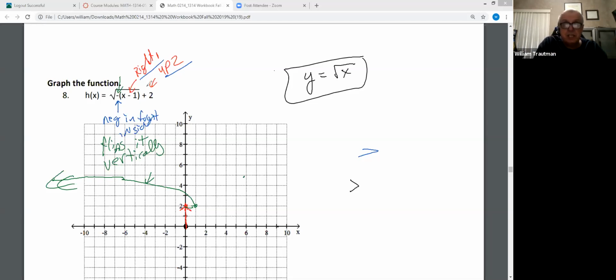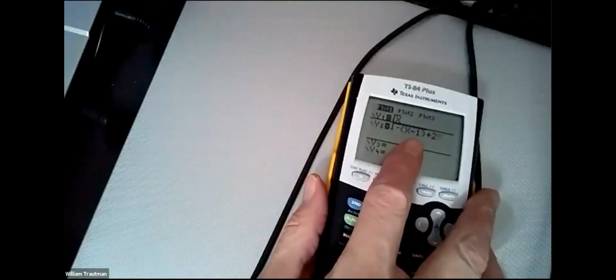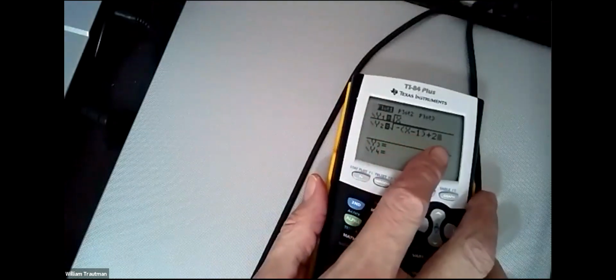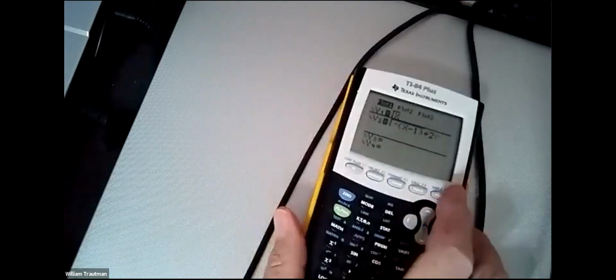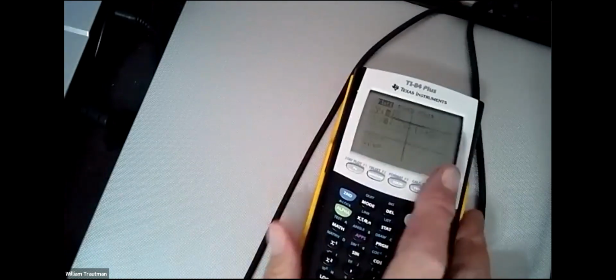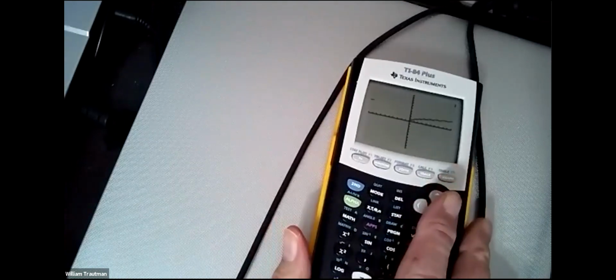Okay, let's take a look at this on my graphing calculator. So there's the square root. There's a square root with the negative in front, the minus 1, and then the plus 2 on the outside. And when I hit graph, there's my original square root graph, and there's the other one.